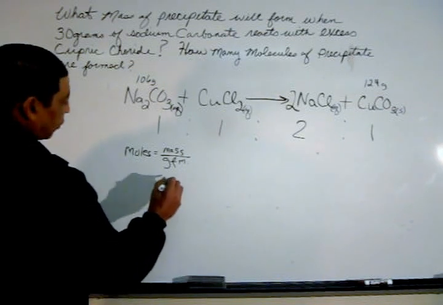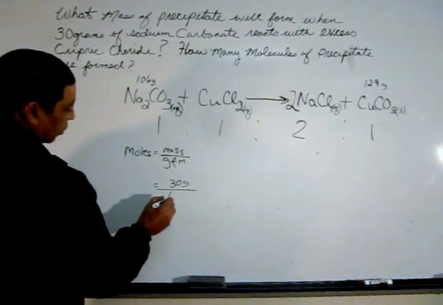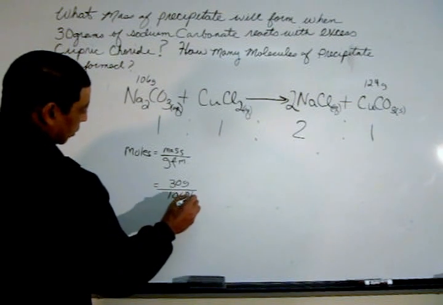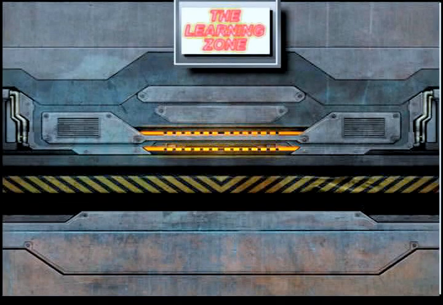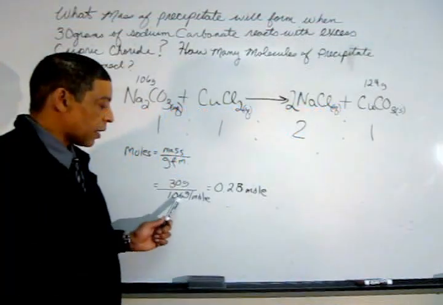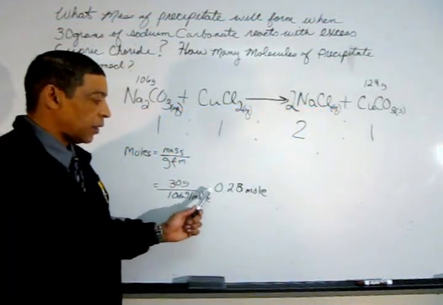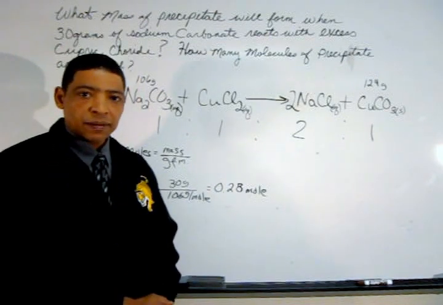So we have 30 grams divided by 106 grams per mole, which is equal to 0.28 mole.